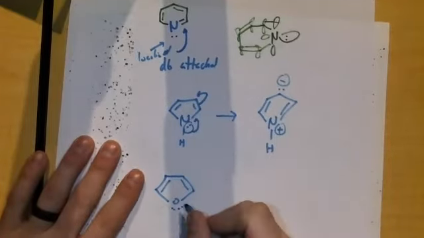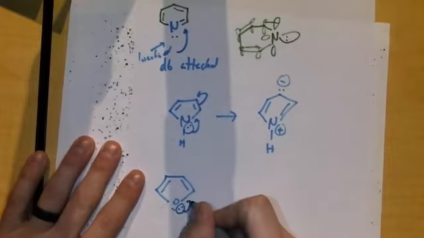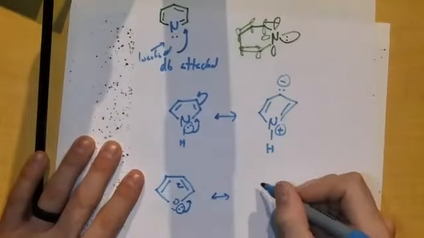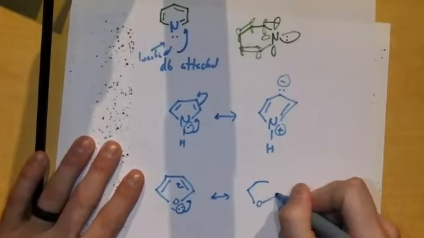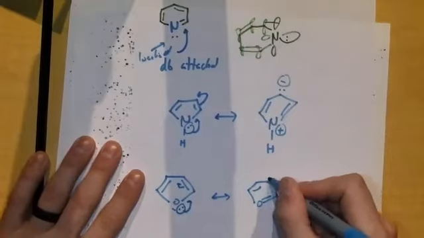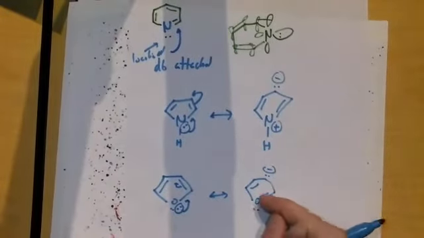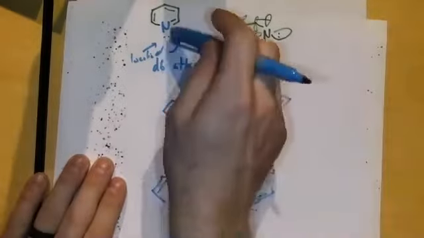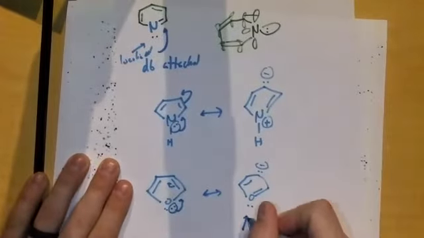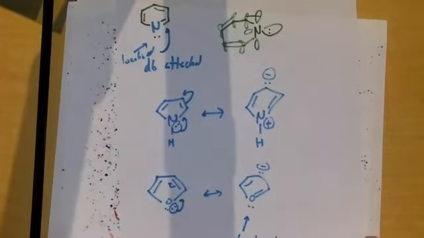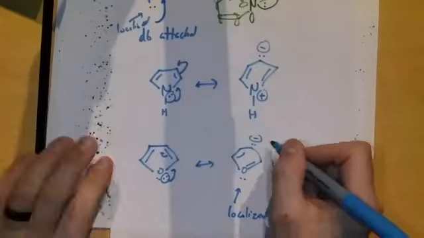If we do a resonance, so if we push these electrons down, now we have a double bond to this oxygen. So we have the same concept we did up here, which means that these lone pairs would be localized, and that the other set of lone pairs were delocalized.